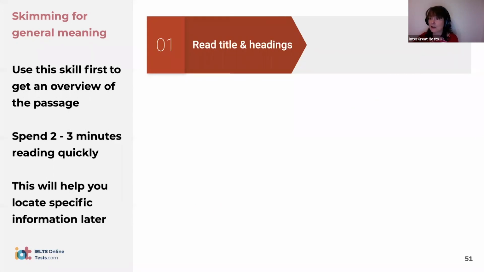If there's a picture or a diagram, have a quick look at that. That's going to give you a very general overview of the topic of the passage. And if you have subheadings, that can also identify parts of the passage, so that might help you find the information more quickly. Okay, so always do that, of course, that's very, very quick.